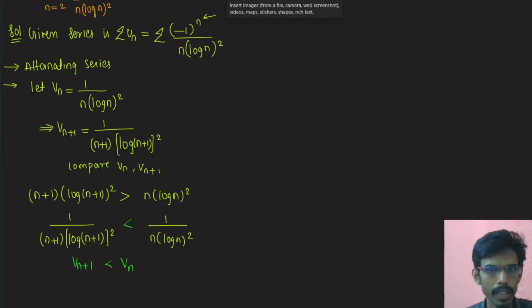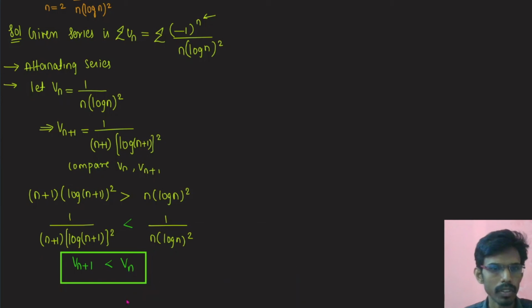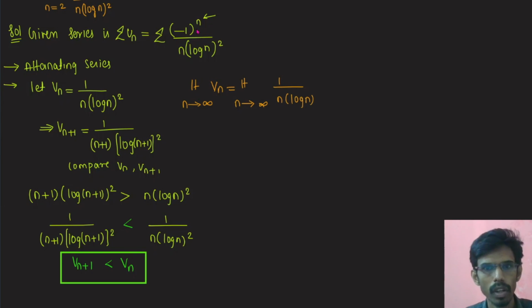It means that each term is numerically less than its preceding term. This is one of the conditions of the Leibniz test. Now the next condition for the Leibniz test is applying limit n tends to infinite to Vn. Limit n tends to infinite of 1 by n into log n whole square.